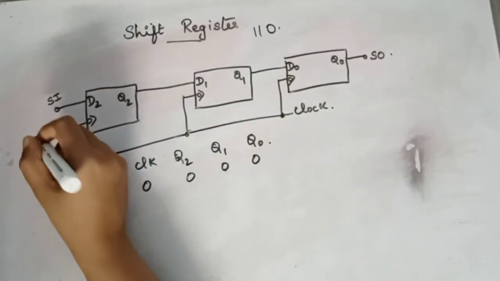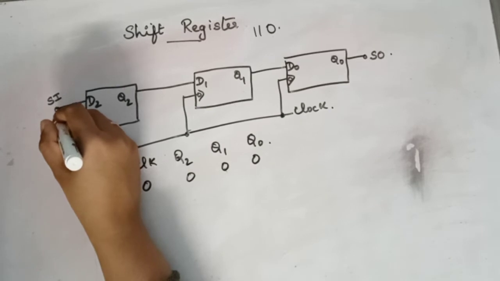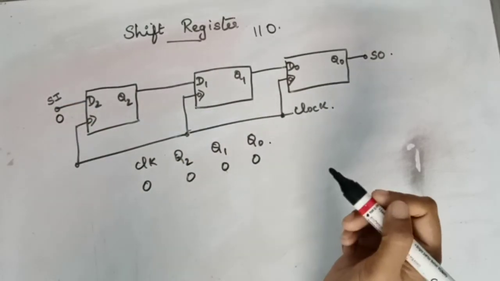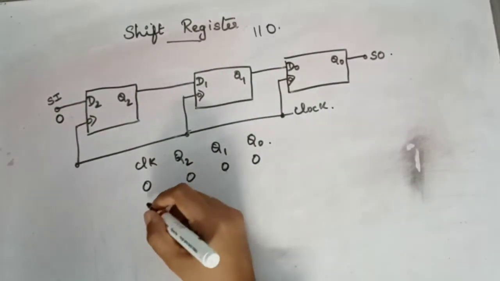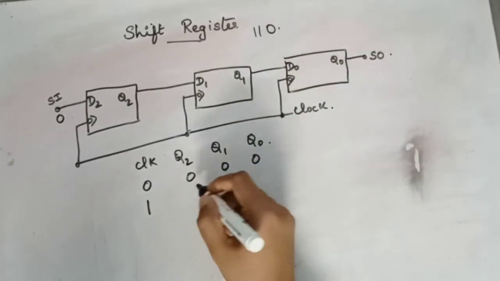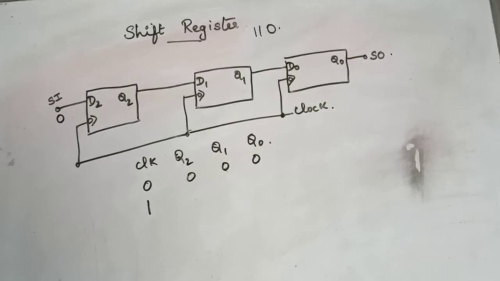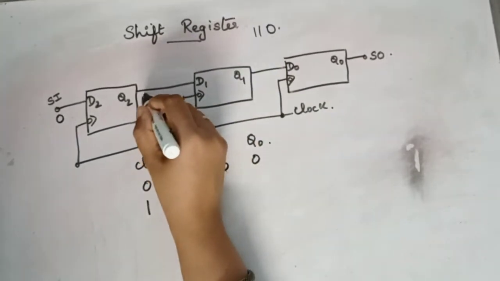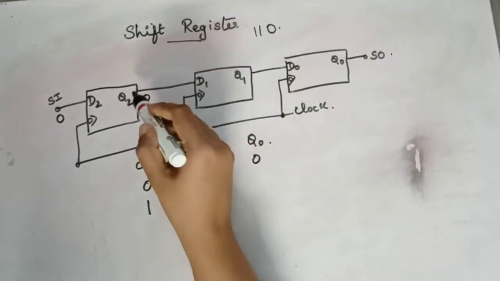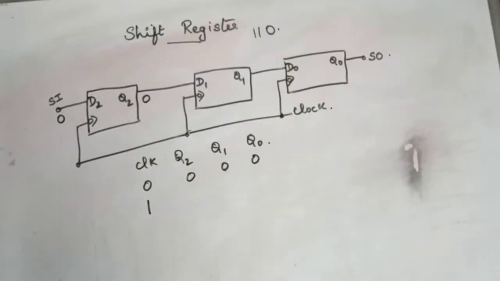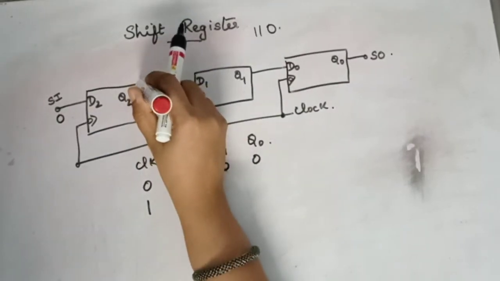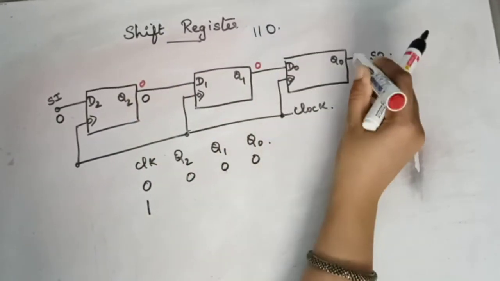I'll give 0 here first, then I'll give the clock. Initially everything is 0. When I give a clock, what happens? Here it becomes 0, and whatever 0 was, initially we had 0, 0, 0 here.